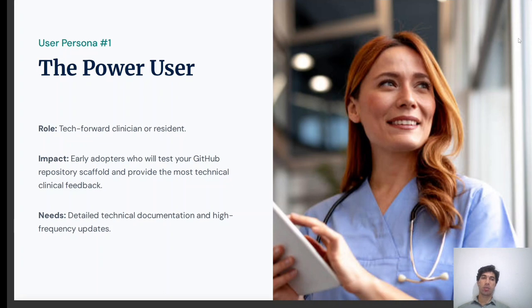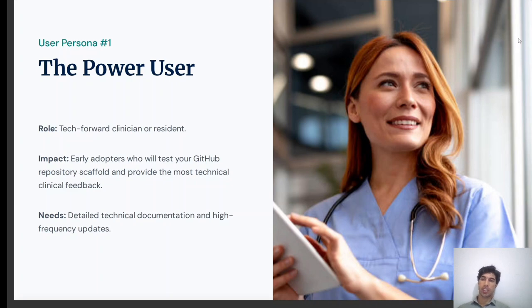So, moving on from those stakeholders, now let's look into testing our project. We have some user personas. The first one is the power user, and their role is tech-forward clinician or resident. The impact is they are the early adopters who will test our GitHub repository and provide the most technical and clinical feedback.